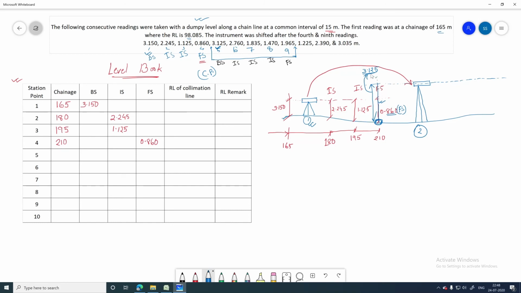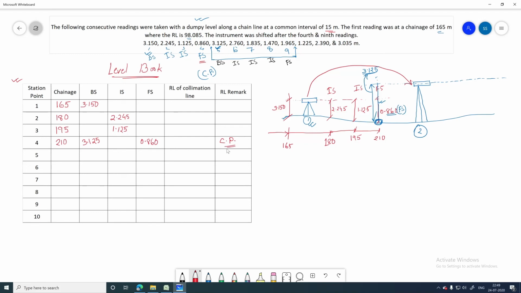So what will be the value? 3.125. So we'll put it over here, because you can see this is the BS and this is the change point value. As this is the change point, we will write in the remark: change point.